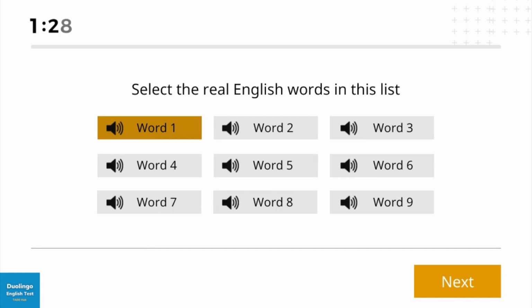Thripees. Thripees. Thripees. Emphasis. Emphasis. Emphasis. Aptitude. Aptitude. Aptitude. However. However. However. Unqueeful.